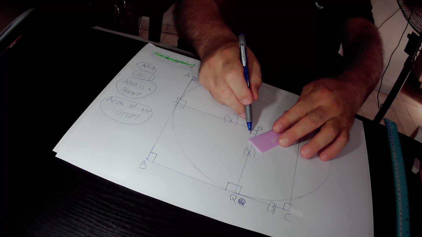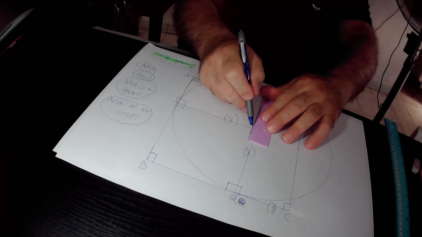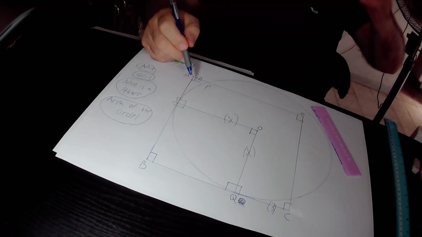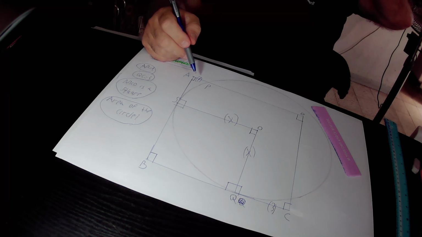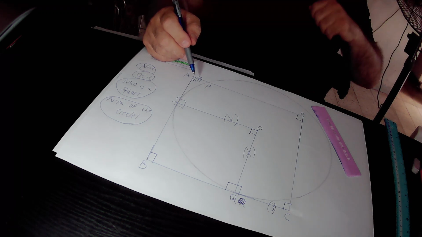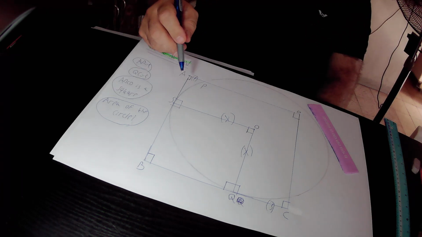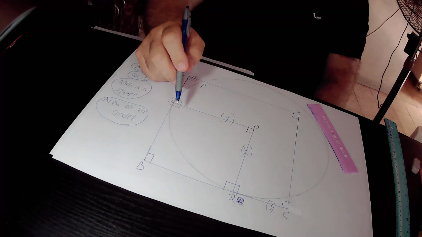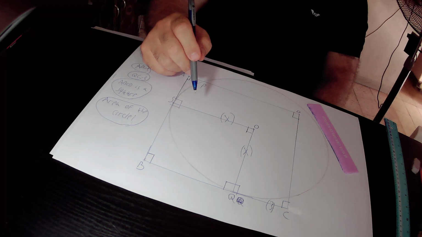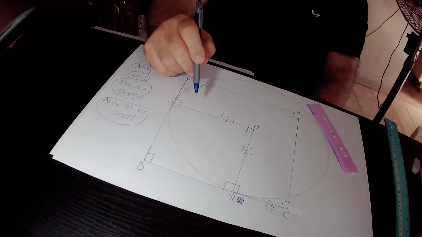So inside quadrilateral SOQB we have four right angles. And according to rule 5, any quadrilateral that has four right angles must be at least a rectangle, if not a square. So remember, quadrilateral SOQB is a rectangle because it has four right angles. But we also know that the opposite sides of a rectangle are equal to each other.